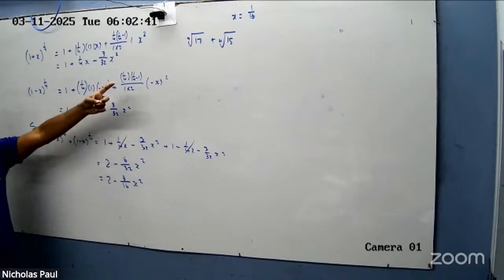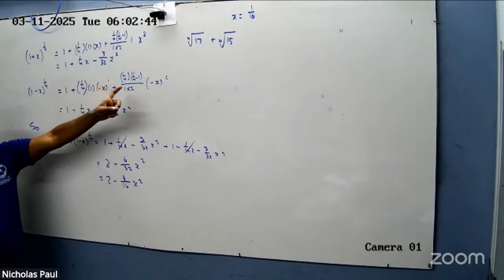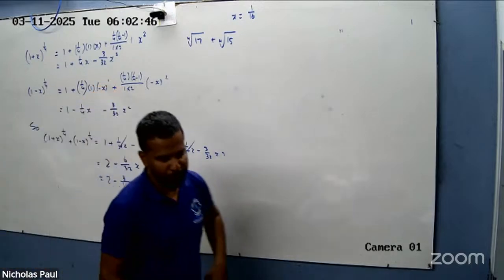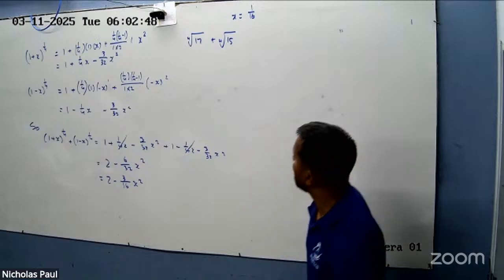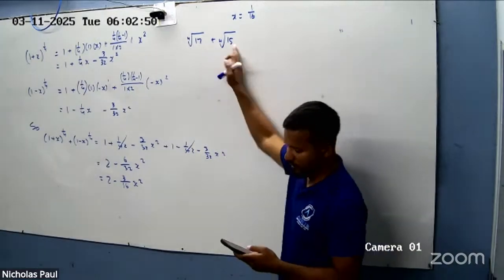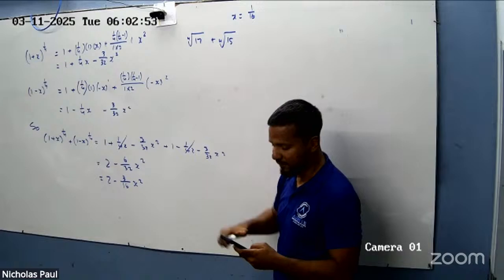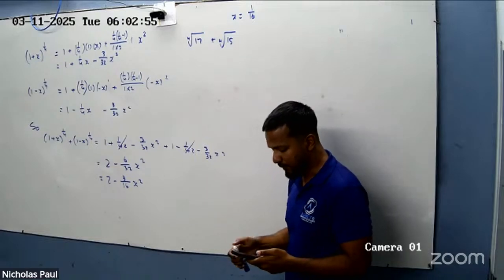You all got through with that? That's the one I'm interested in. Everybody try it, please. This is the fourth root of 17. Try that, please.